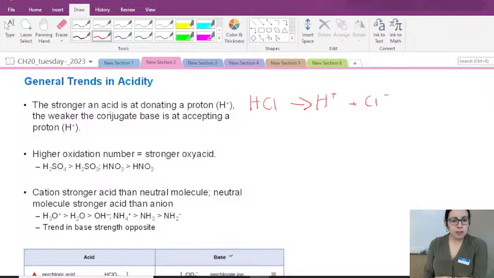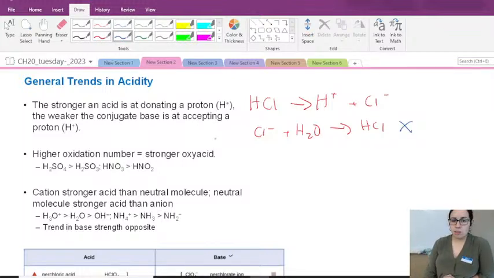So the stronger the acid is at donating the proton, the weaker the conjugate base is. So this means that chloride is super weak, it can't do that. And so we have a really strong acid of HCl, and so chloride cannot reform. This is truly the reaction we're thinking of: chloride plus H2O. Does it make HCl? And the answer is, in this case, it is so strong that no.